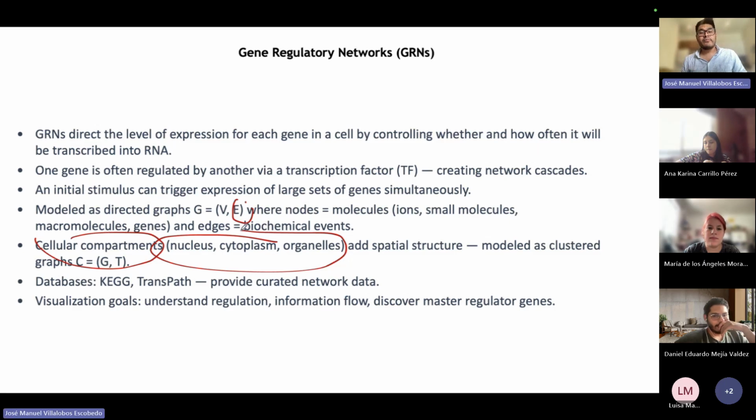What kind of information can we find, for example, in different databases? For example, we can look for KEGG, which is a very nice database for pathways, or TRANSPATH, which is also about metabolic pathways. And the idea is to understand the regulation and to show the information in one simple graph.